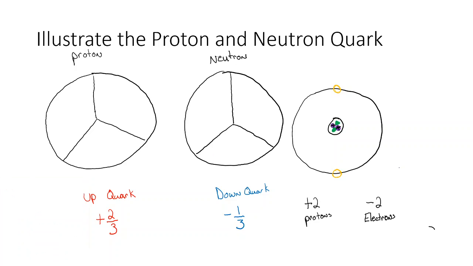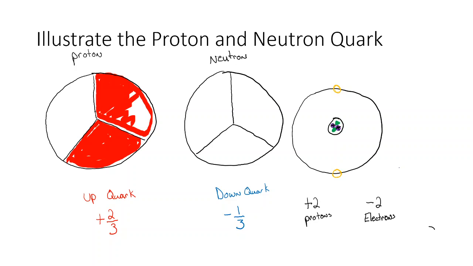What I'm going to do is say our up quarks are red. So you can see a proton has an up quark here and an up quark here. So if that breaks it into thirds, like 33%, what percentage of the proton is made up of up quarks?